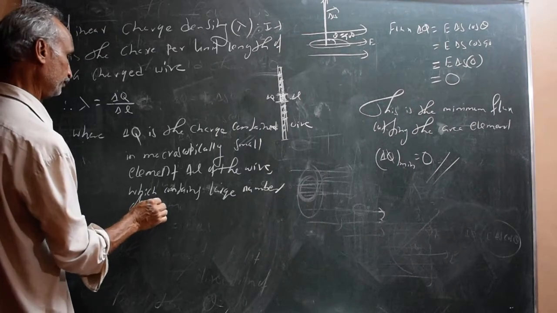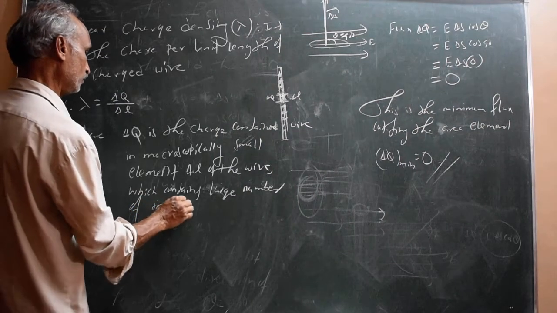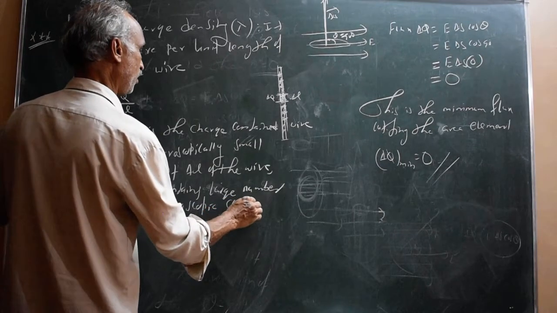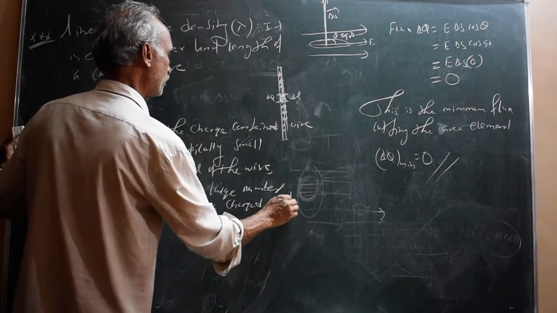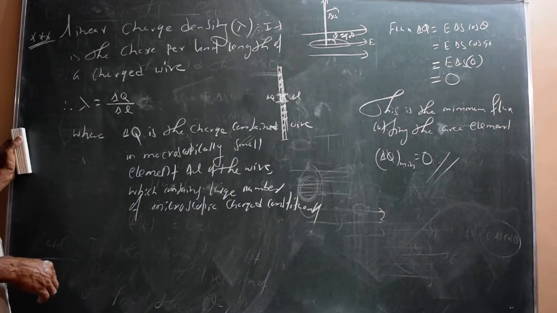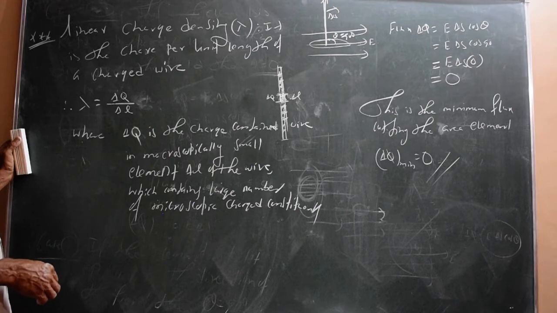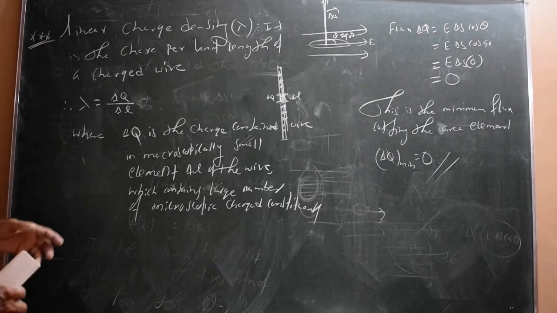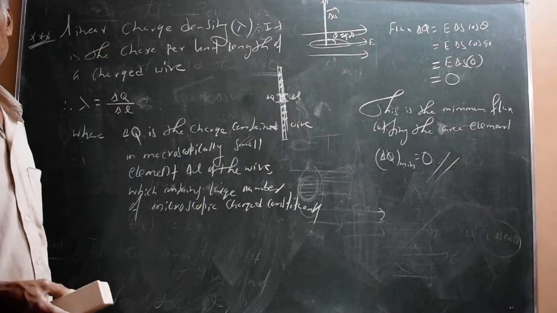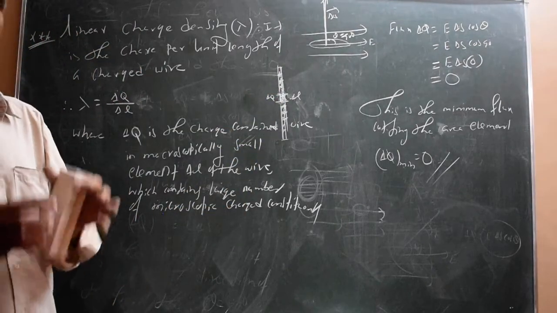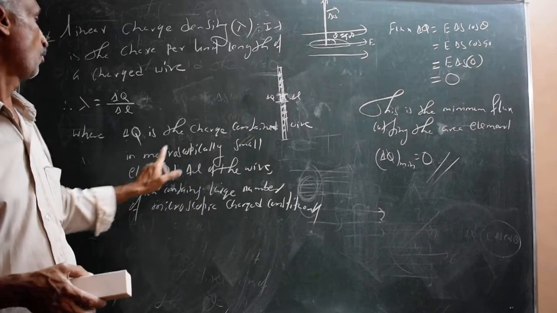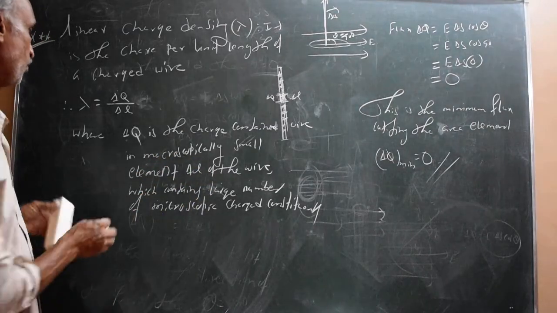Electron is a charge constituent, proton is a charge constituent, holes are charge constituents, like that. So delta Q is the charge in this particular line element, which as compared to the large scale is very small.